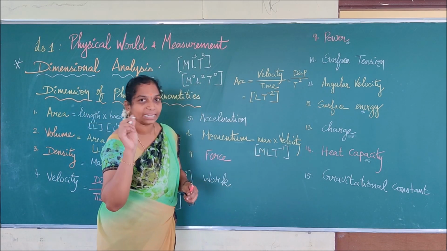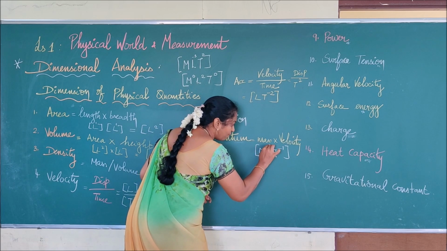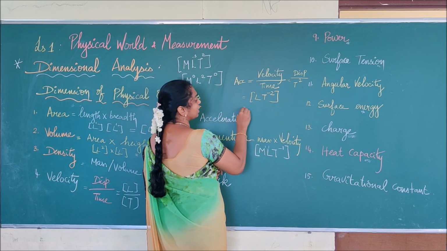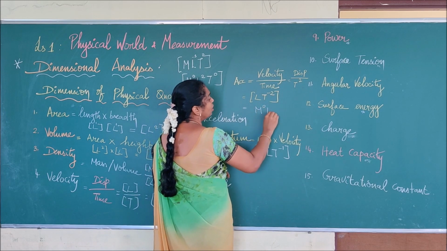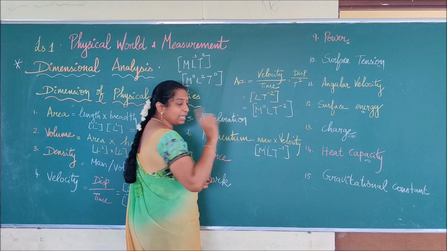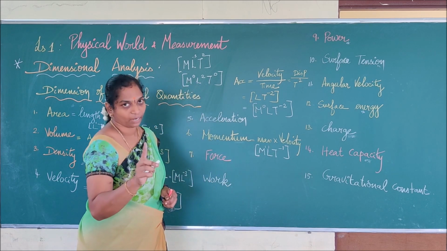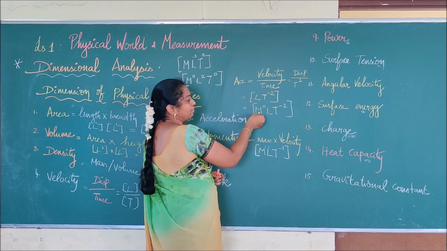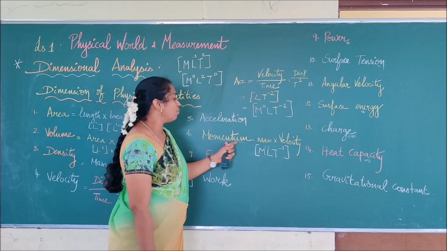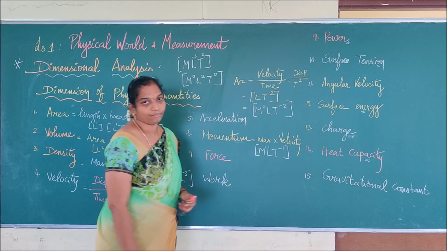If M is there, it has been raised to the power 1. If it is not there, for example here, I can say it is M power 0, L T power minus 2. If M is written, then it is raised to the power 1. If it is not there, then we have to say it is raised to the power 0. Is it right? So momentum is mass into velocity.